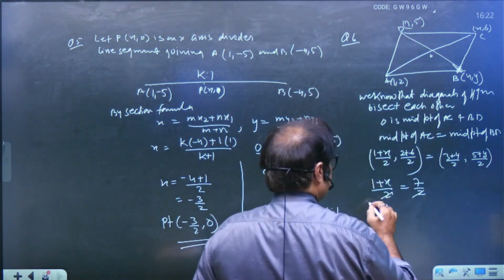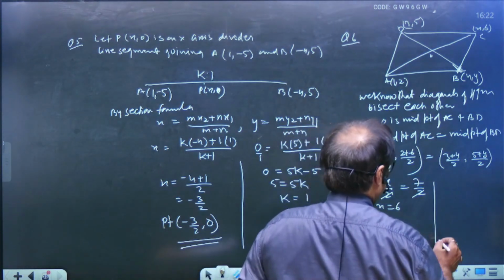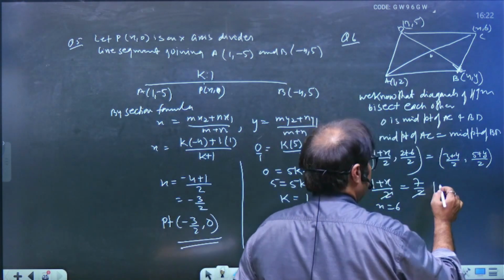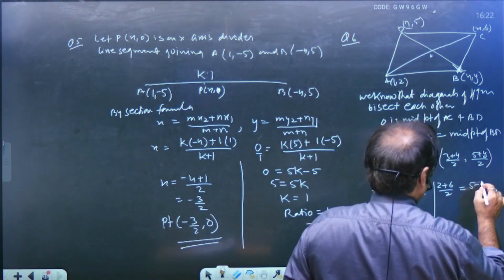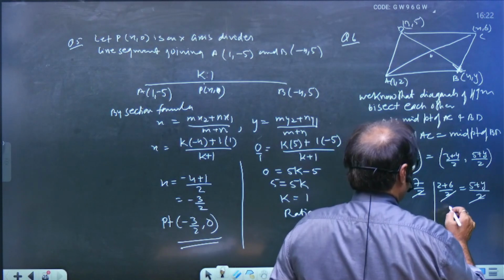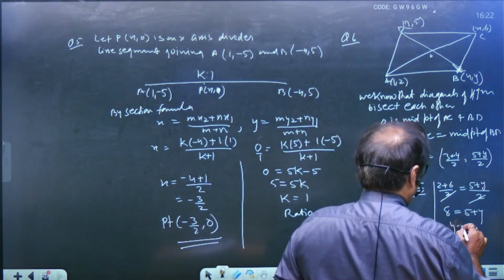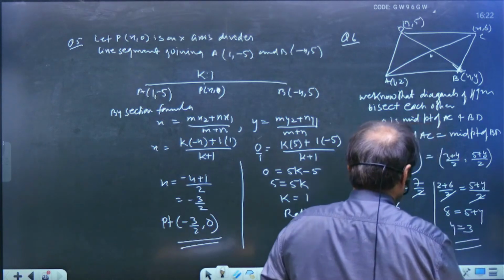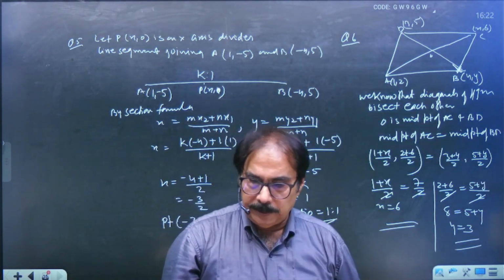The 2s cancel, so the value of x is equal to 6. We got the value of x. And ordinate to ordinate, (2 plus 6) by 2 is equal to (5 plus y) by 2. So the 2s cancel out. So 2 plus 6, 8, is equal to 5 plus y. So the value of y is equal to 3. So in this way, we will find the value of x and y.